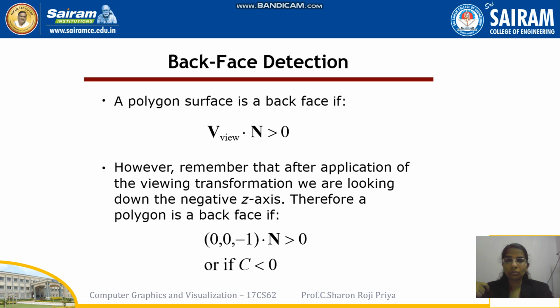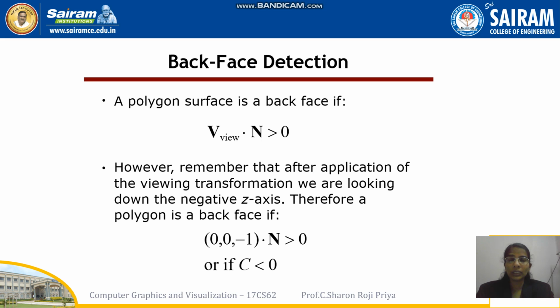Now, I have taken an example. This is my view vector value, and N I can take as ABC, the normal to my plane. When I do this dot product, A dot 0, B dot 0, C dot -1, I get the value of C as a negative value.